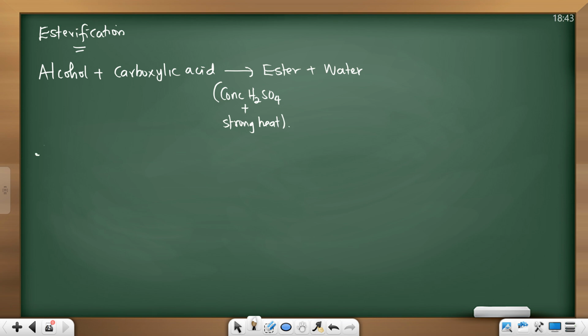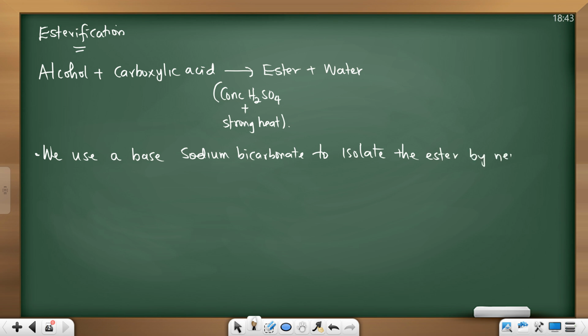Okay, two important things. We use a base, most of the time sodium bicarbonate, to isolate the ester by neutralizing the acid present.